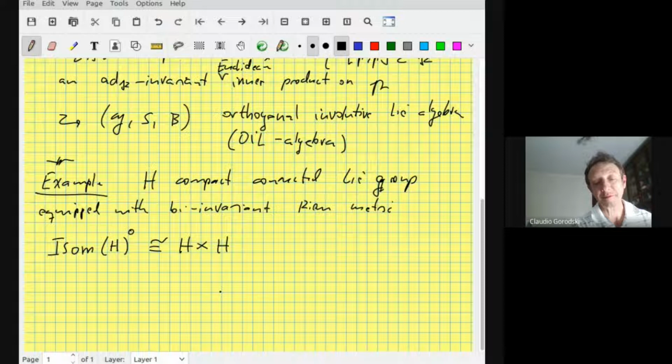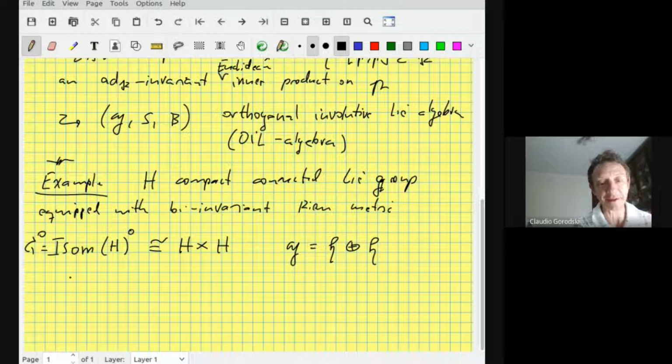And so the Lie algebra is h plus h, and the isotropy group, well, here in the notation I was using, this would be G0 in fact, right?